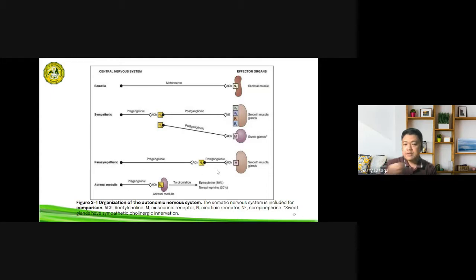Ano ba yung tawag doon sa type of nerves? Diba we have two types of nerves according to the neurotransmitters that they release. Two major types of nerves according to the neurotransmitters that they release in the autonomic nervous system.